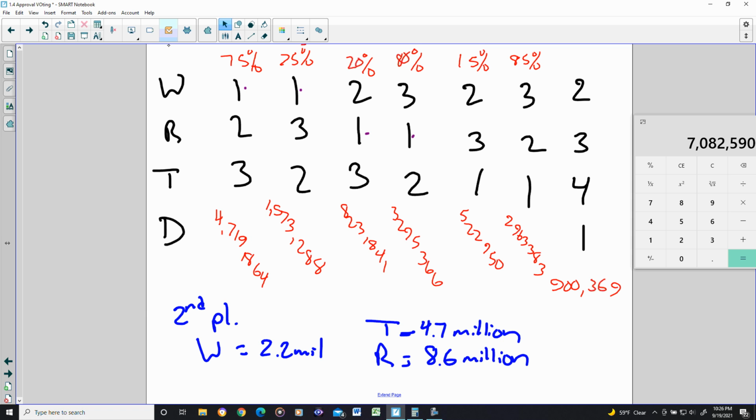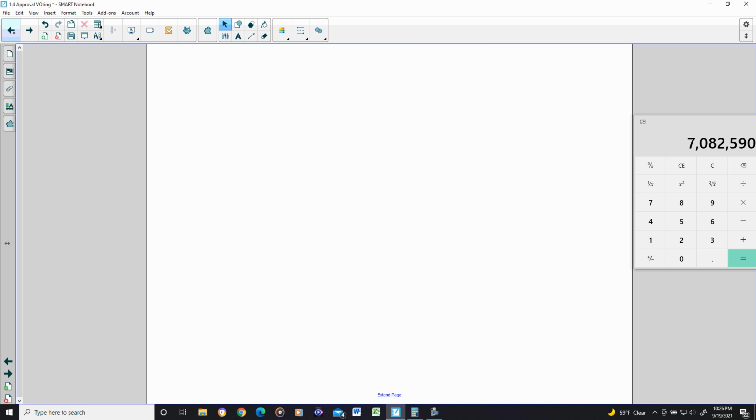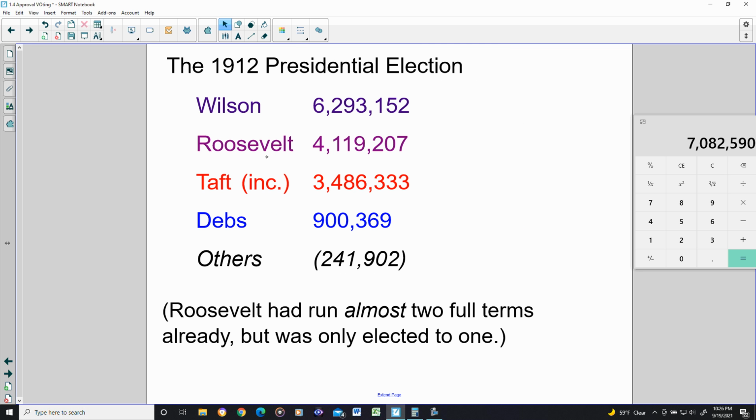So if you go back to the original total, these are first place votes, and if you were to add all the second place votes, just the fact that he adds like 8 million second place votes to Wilson's 2 million second place votes, it's going to build Roosevelt's numbers up really, really high.